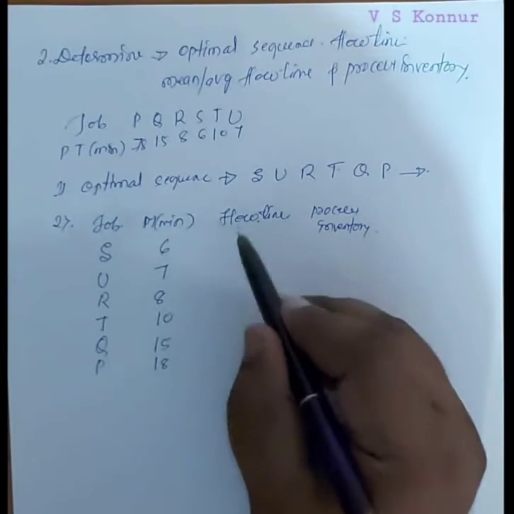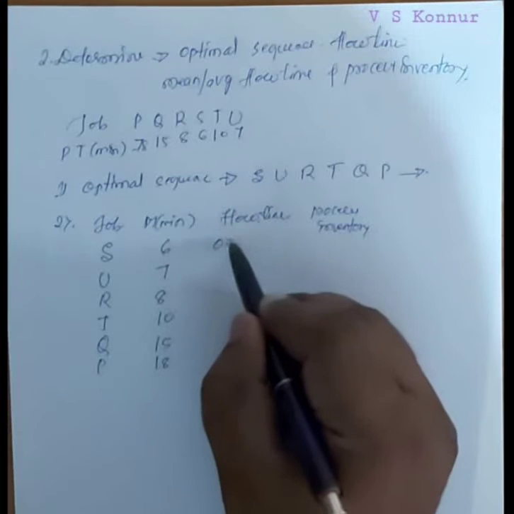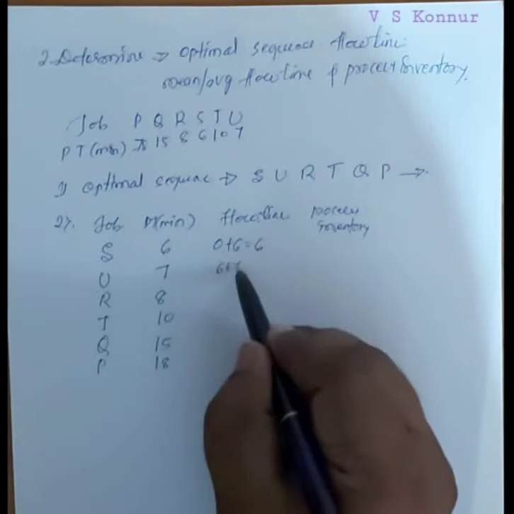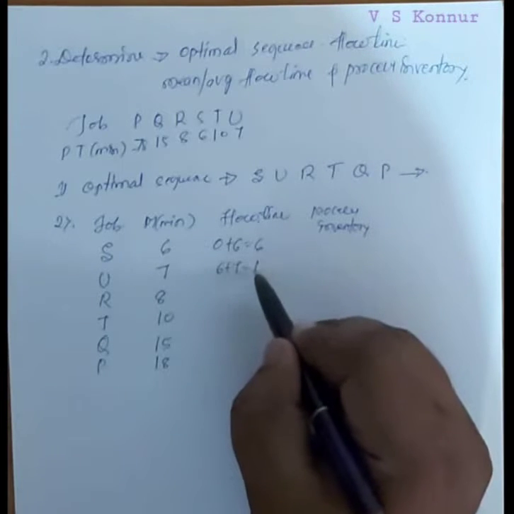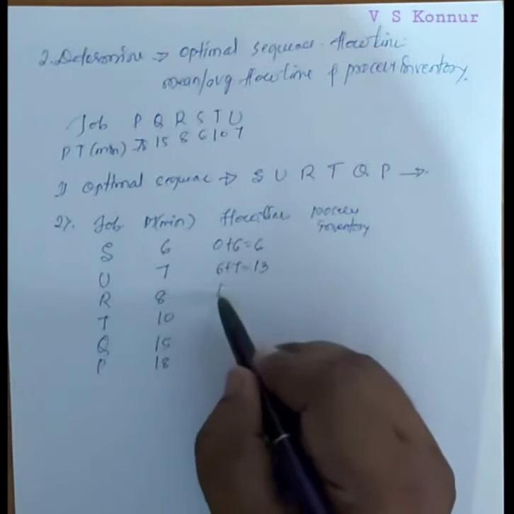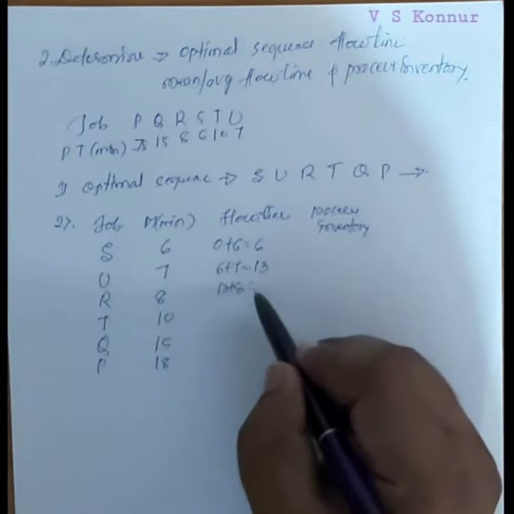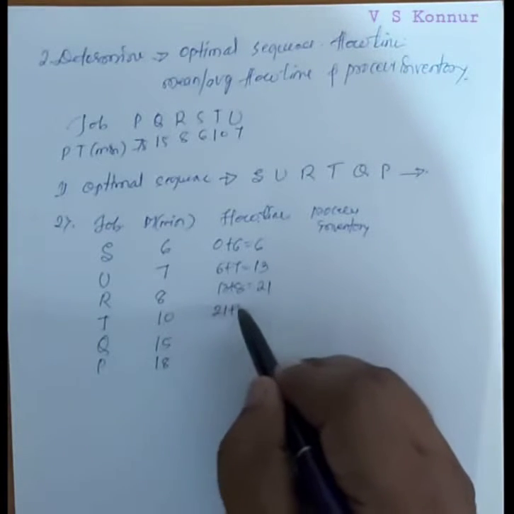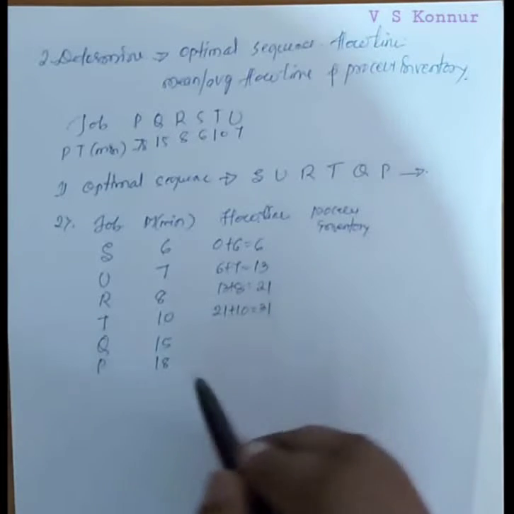Now flow time: for the first it is 0 plus 6, equal to 6. For the next it is 6 plus 7, equal to 13. Then 13 plus 8, 21. Then 21 plus 10, 31.